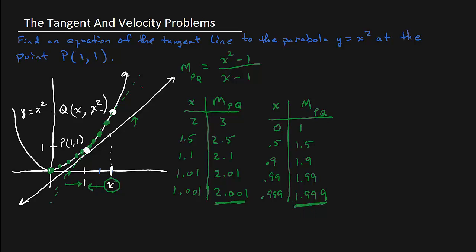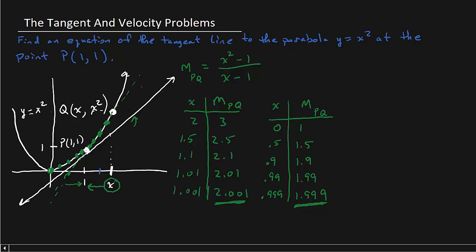So I could actually come up here and write the limit. This is LIM. I know I write it messy, but that's what that is. LIM means the limit. So the limit as point Q approaches point P of the slope, that's this thing right here.